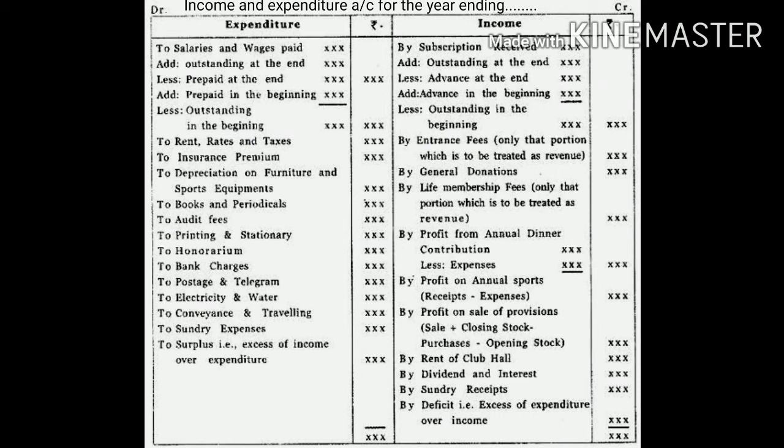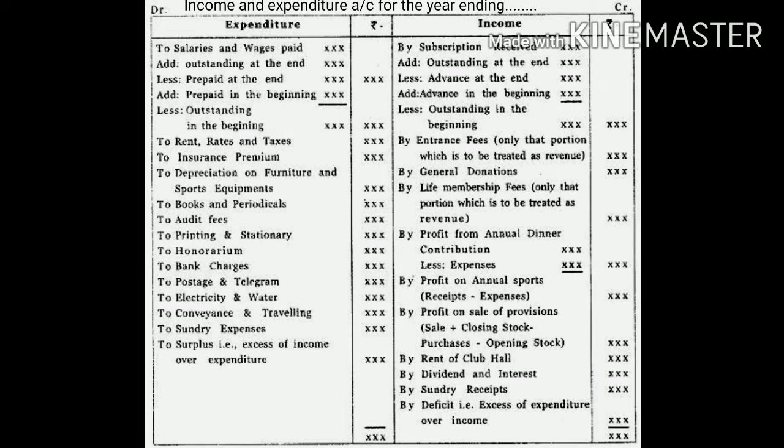To rent rates and taxes, to insurance premium, to depreciation on furniture and sports equipments, to books and periodicals, to audit fees, to printing and stationery, to honorarium, to bank charges, to postage and telegram, to electricity and water, to conveyance and travelling, to sundry expenses, to surplus, that is excess of income over expenditure.